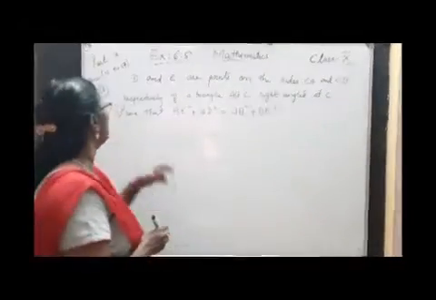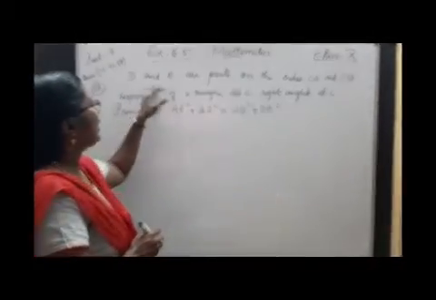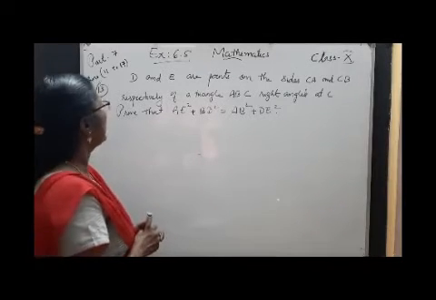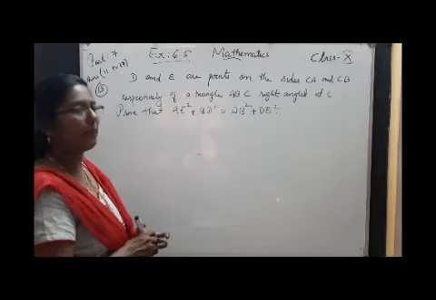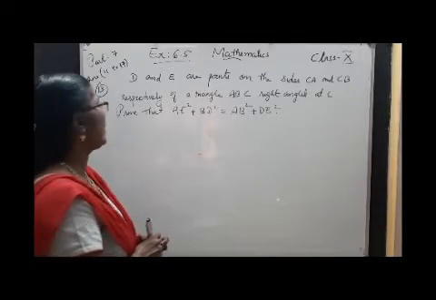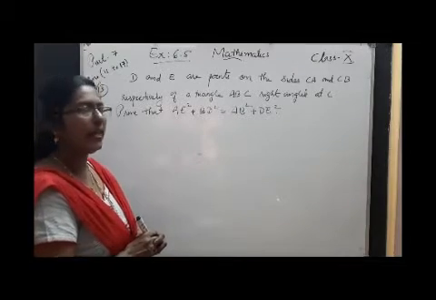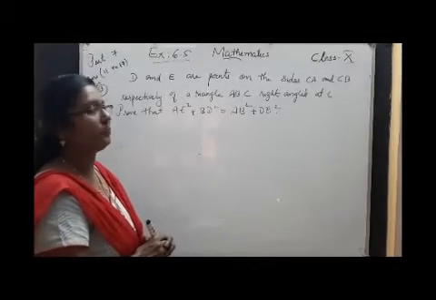Next question, question number 13. D and E are points on the sides CA and CB respectively of a triangle ABC, right angle at C. Prove that AE square plus BD square equal AB square plus DE square.